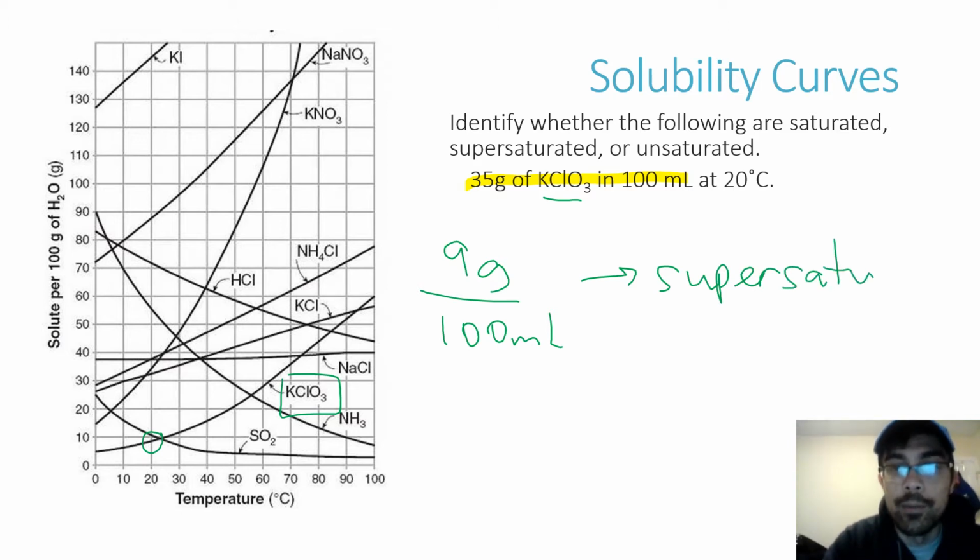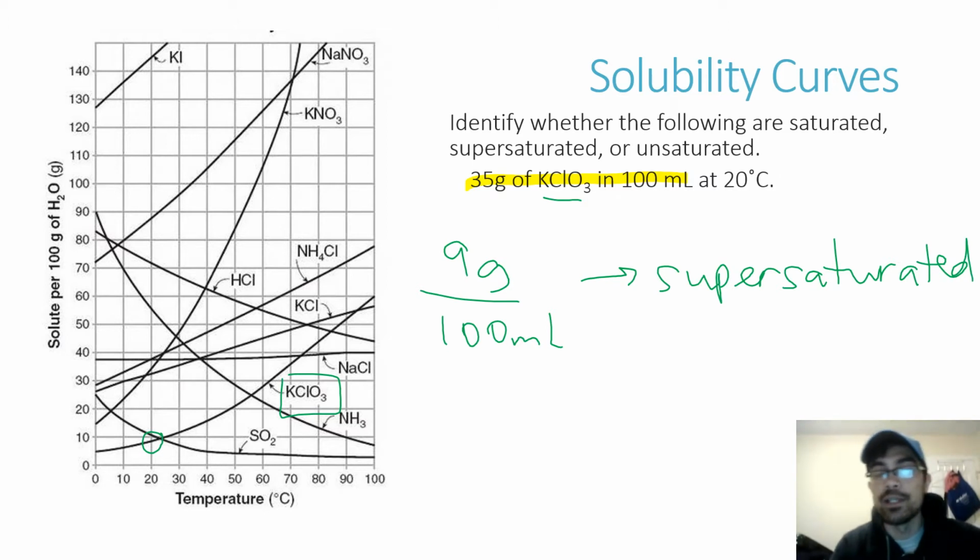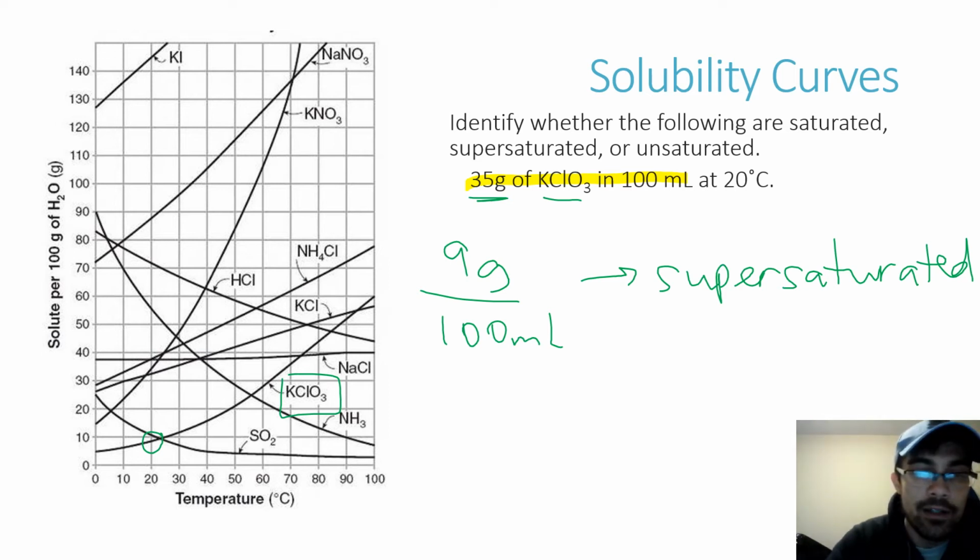Remember, supersaturated means that we have more solute at a given temperature than what should normally be possible. Generally speaking, if the number you're given is above the line, we would consider it supersaturated. If it's directly on the line, we would say it's saturated.